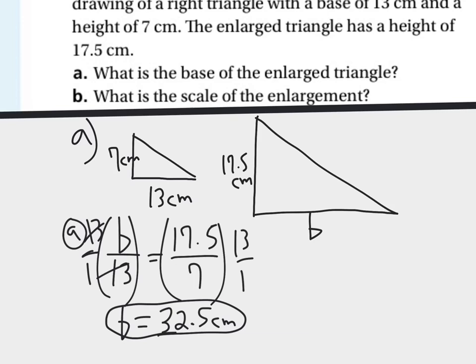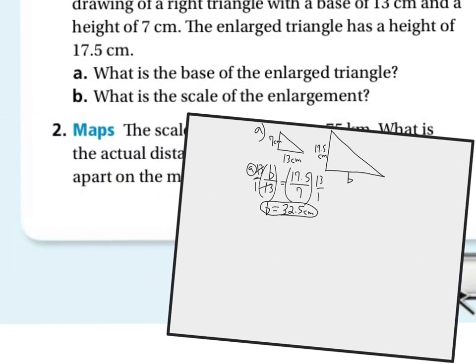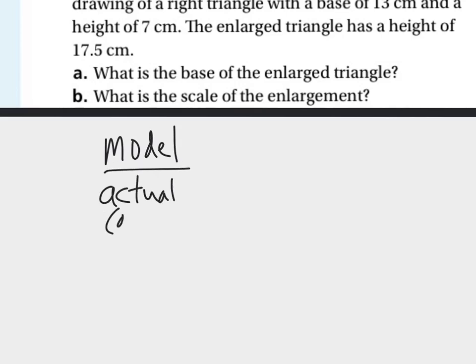The second question is, what is the scale of the enlargement? When we talk about scale, what we want to do is the model over the actual, or the model over the original, however you want to say that.